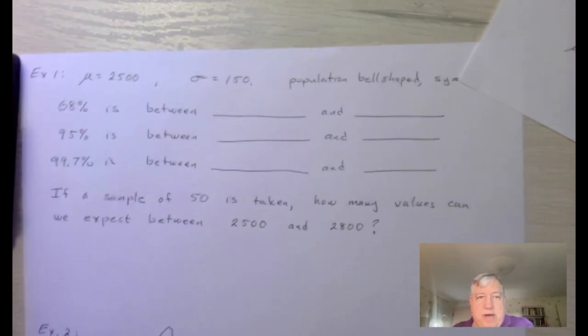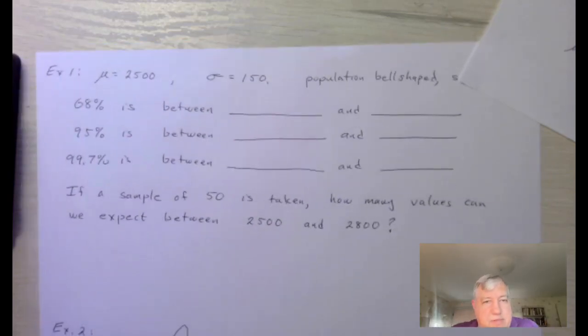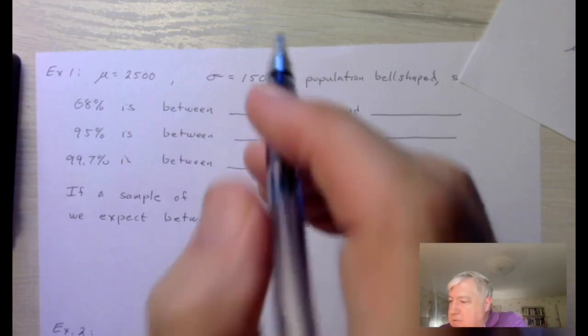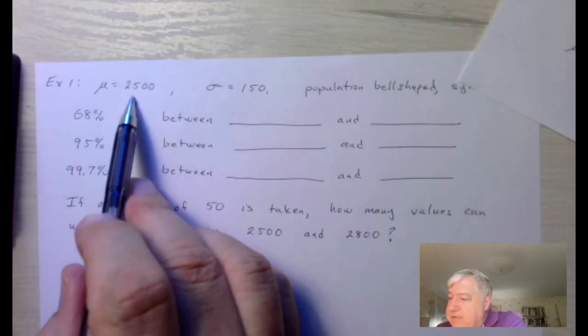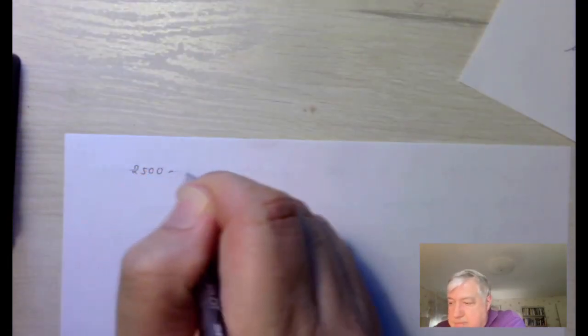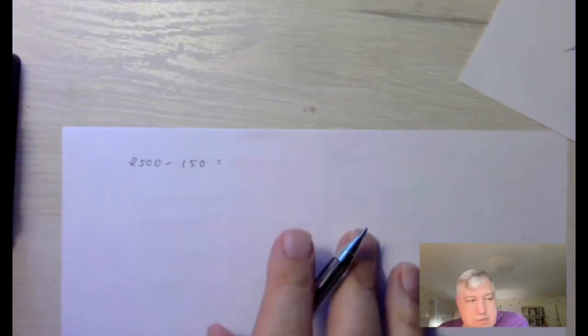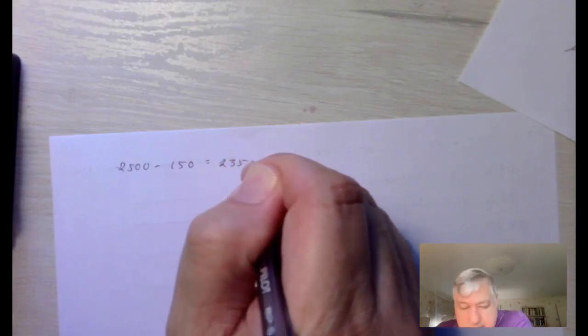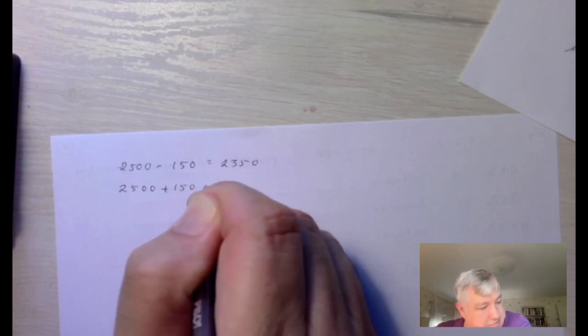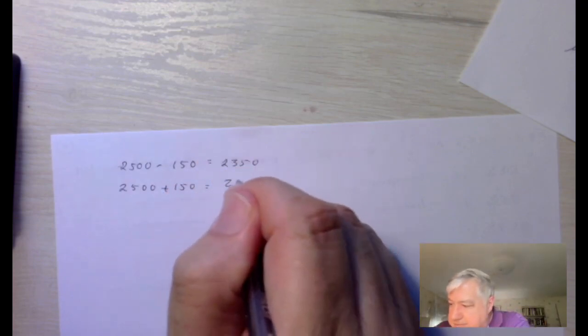In this example, if we have a mean of 2,500 and the standard deviation is 150, we know that 2,500 minus 150 is, let me just check my arithmetic here, 2,350, and 2,500 plus 150 is 2,650.